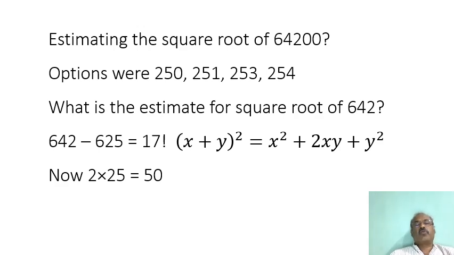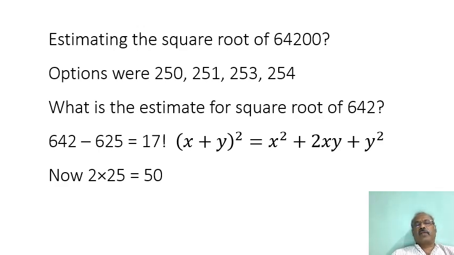We now use the algebraic identity (x plus y) whole square is equal to x square plus 2xy plus y square, and our focus will be on the term 2xy. For us, x is 25 and y we will have to use as a decimal value, because when we multiply by 10 we will get 251, 253, etc.